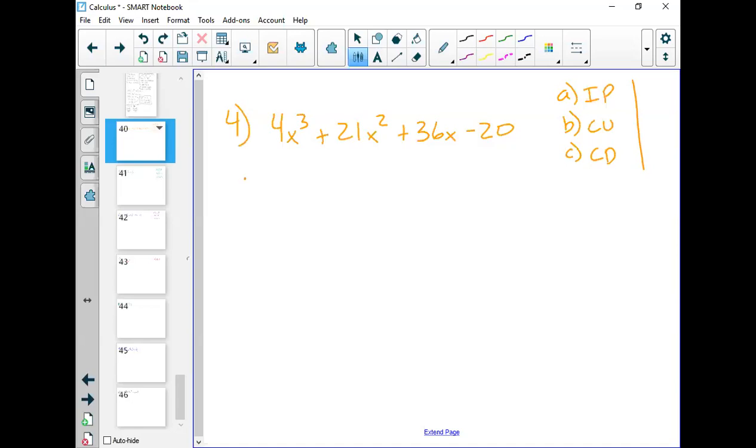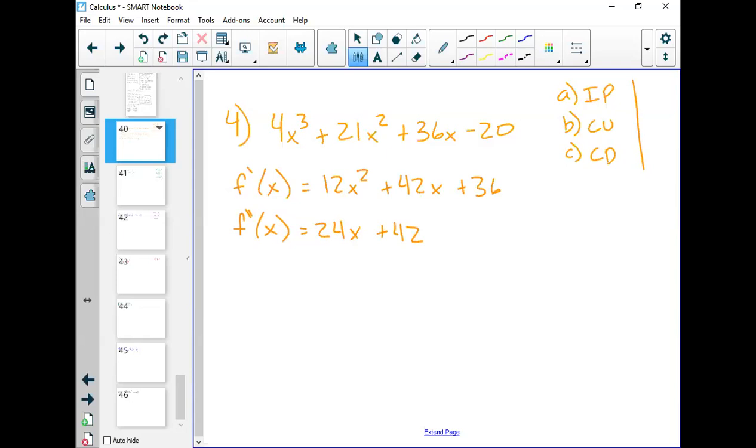So the derivative is going to be f prime of x, 12x squared plus 42x plus 36, some power rule. And then we can just take the derivative again to obtain the second derivative, which is going to give us 24x plus 42.